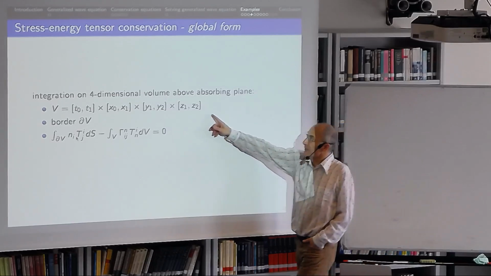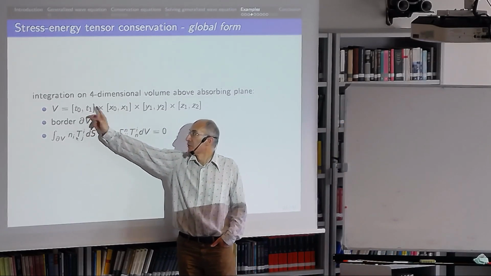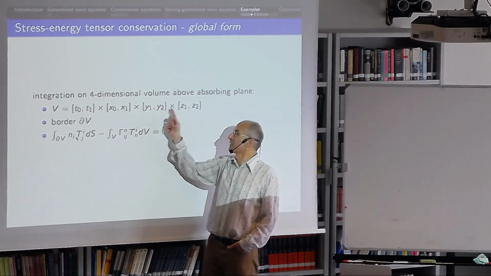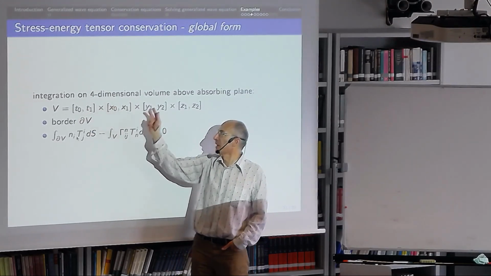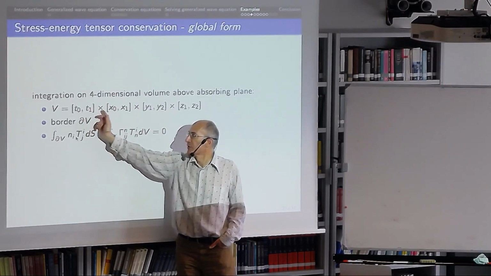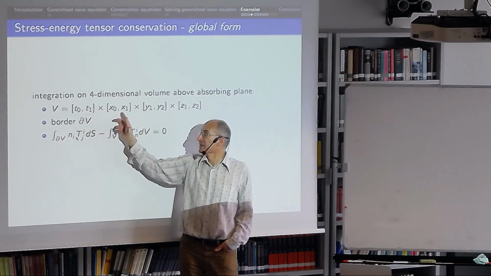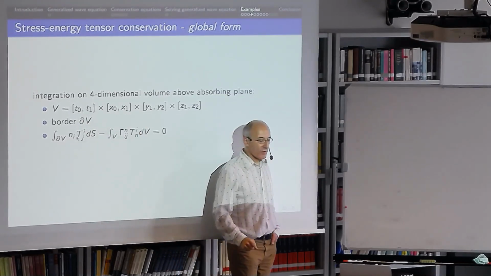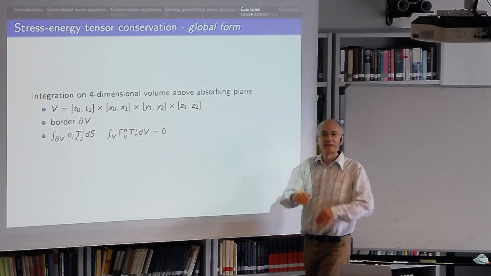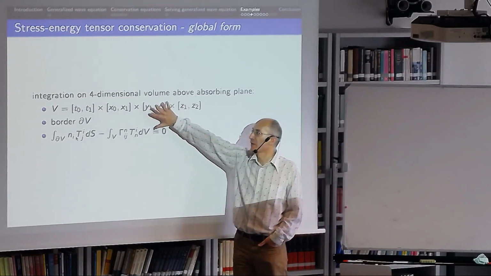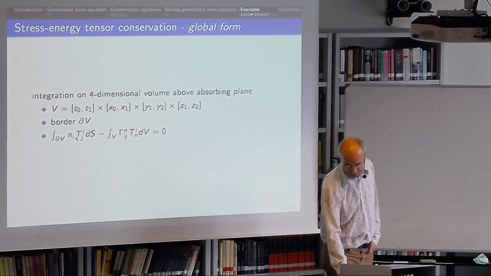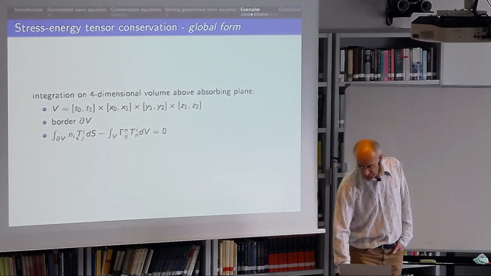I have renamed the coordinates 0, 1, 2, and 3. So instead of x with an exponent 0, 1, 2, I've used the traditional coordinates, and the index 0 and 1 just mean which planes and which value of this coordinate I've been using. So this has nothing to do with what I was using before.